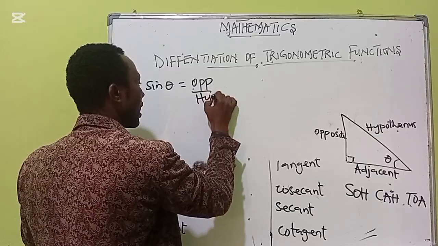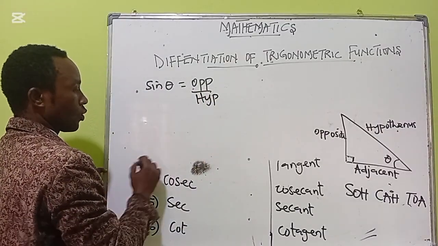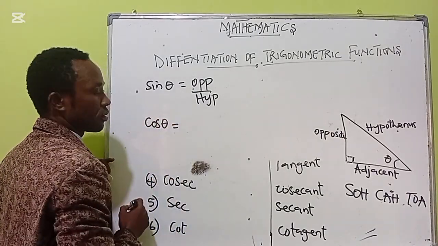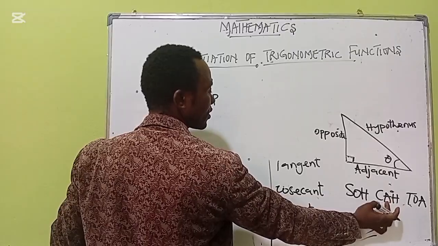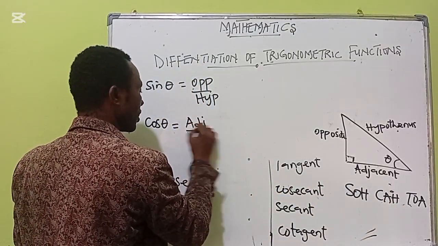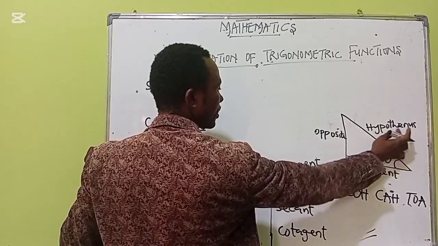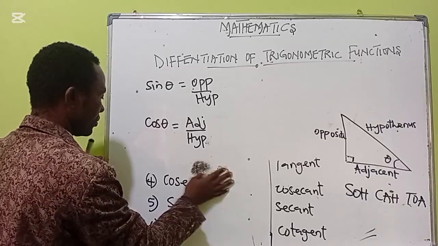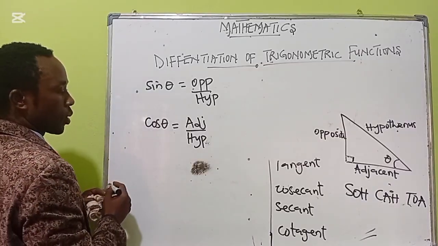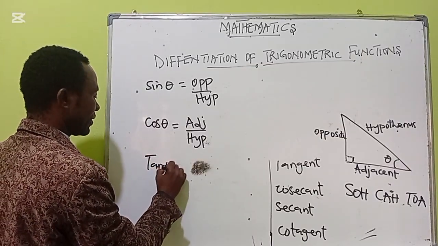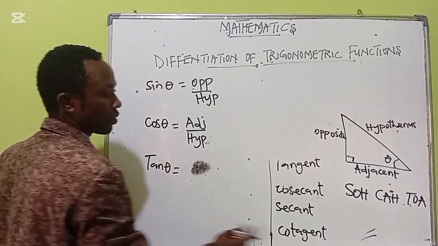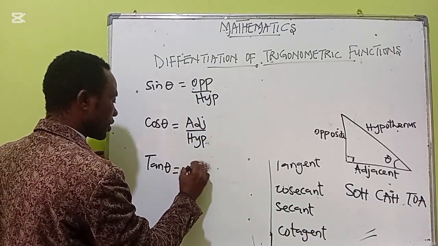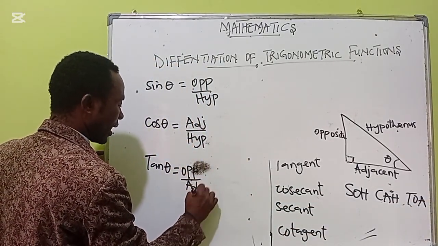Then cos theta is equal to the adjacent divided by the hypotenuse. Then tan theta is opposite over adjacent, so it is opposite divided by adjacent.